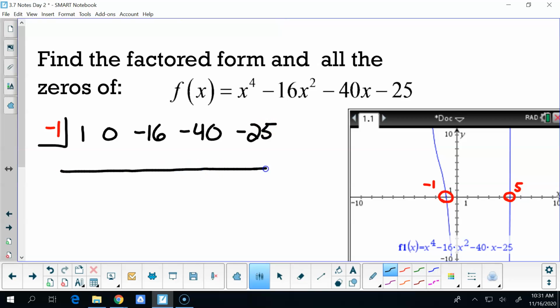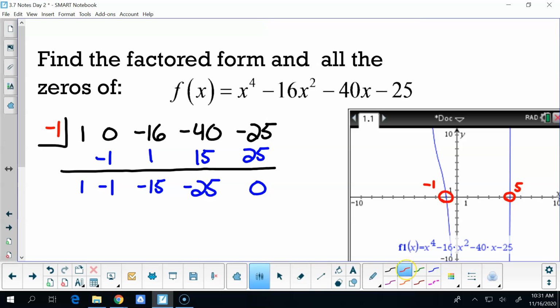The kicker on this one was that 0 placeholder. 1, negative 1, negative 1, 1, negative 15, positive 15, negative 25, and 25. Okay, so that one worked.